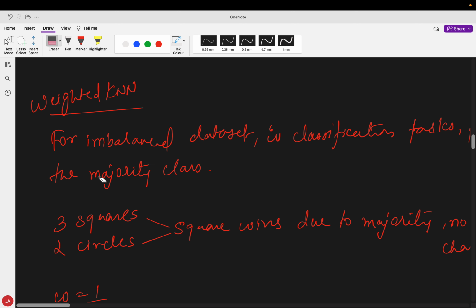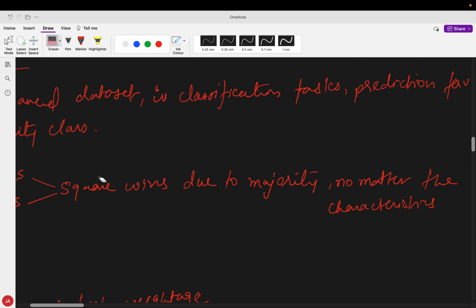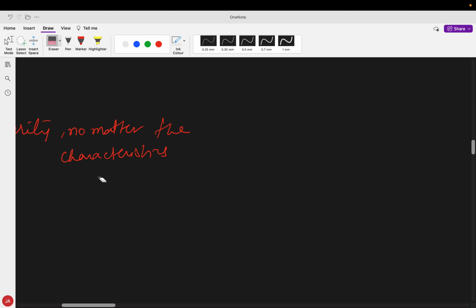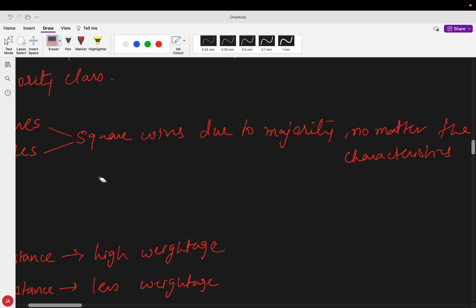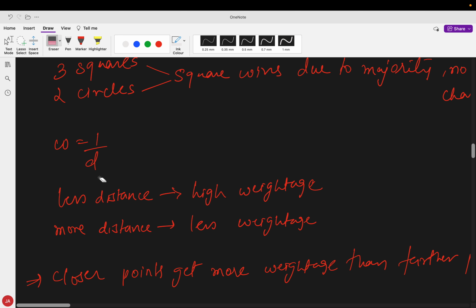So the majority takes all and the minority is left with nothing, as in the real world scenario. No matter the characteristics, the skills and whatever, you are left with nothing.